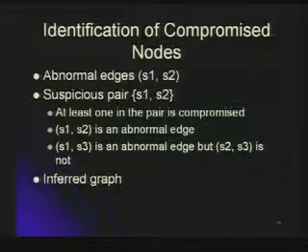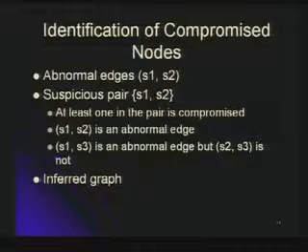Otherwise, they should give me the same consistent evaluation of S3. So we can identify suspicious pairs based on these two conditions: either you have issued a lot of alerts between these two nodes, or you have different assessments of the same node. By collecting all those suspicious pairs, I can construct an inferred graph, which is basically composed of all the suspicious pairs.